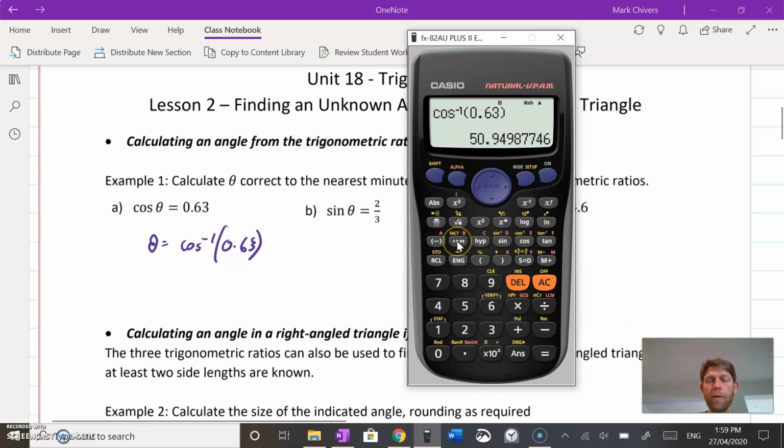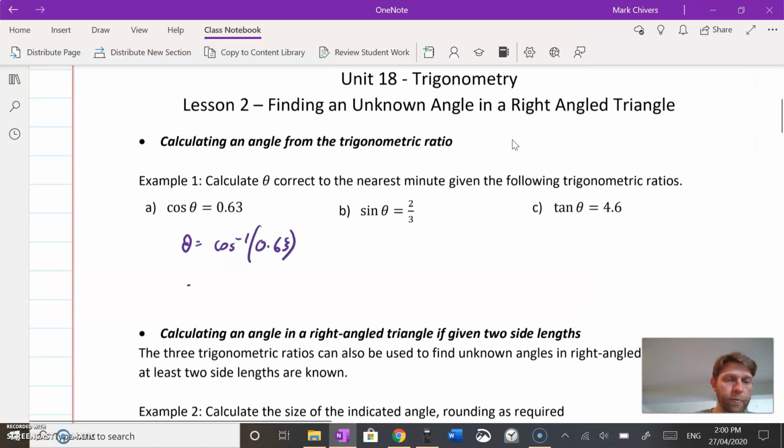So remember, we press the degrees, minutes, seconds button, and that's going to give us an answer. In this particular case, it's 50 degrees, 56 minutes, and 59 seconds. 59 seconds, of course, is going to round up, so we'll end up with 50 degrees, 57 minutes. And that's how we do the first one.